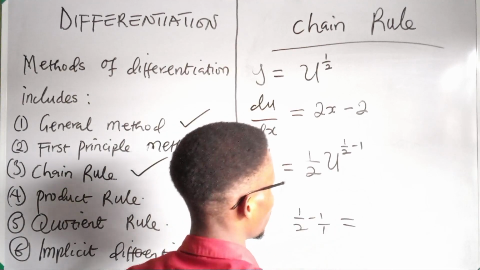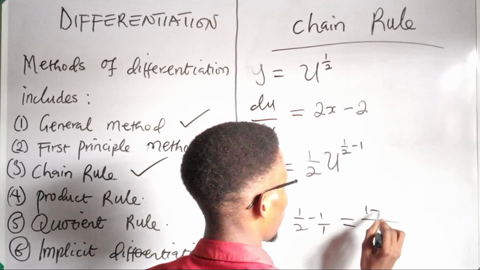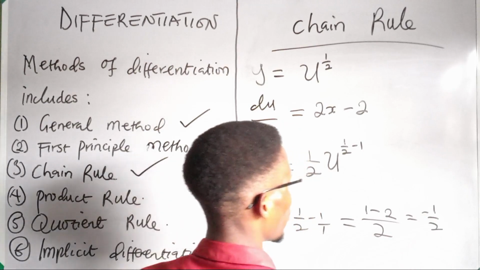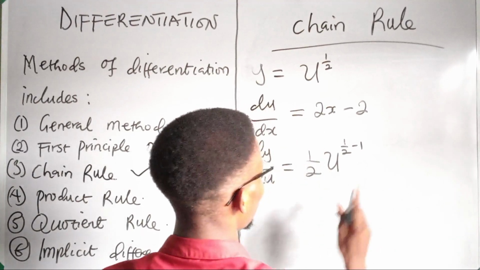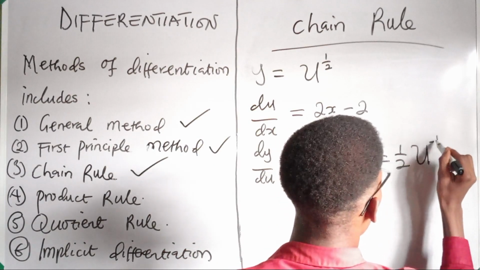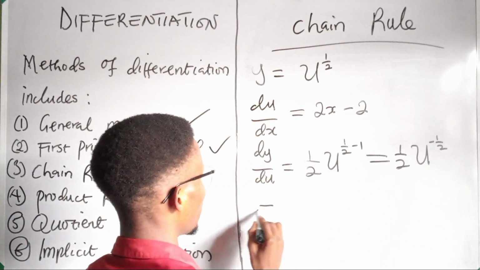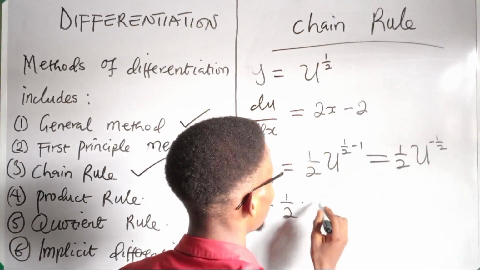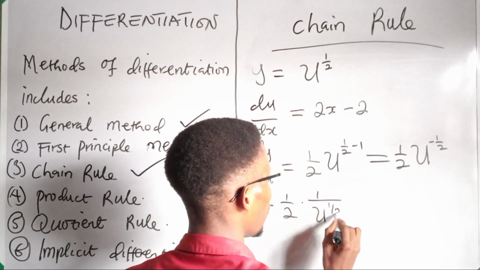And half minus 1, taking the LCM as 2, is 1 minus 2 over 2, which is minus 1 over 2, which is minus half. So we have half u raised to minus half, which is the same as half times 1 all over u raised to half.